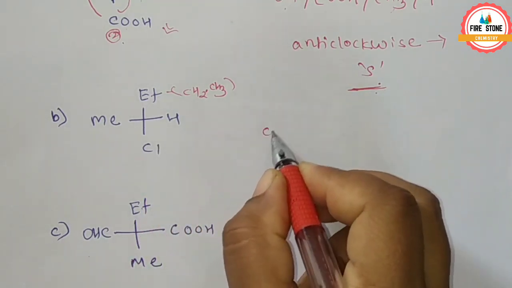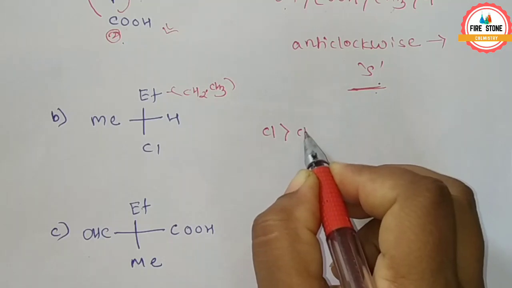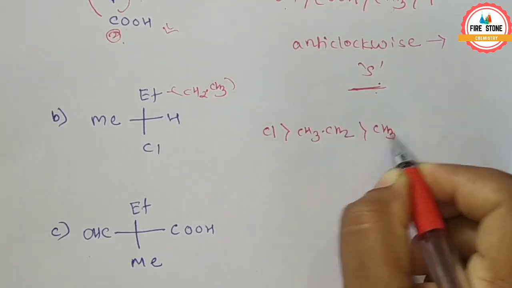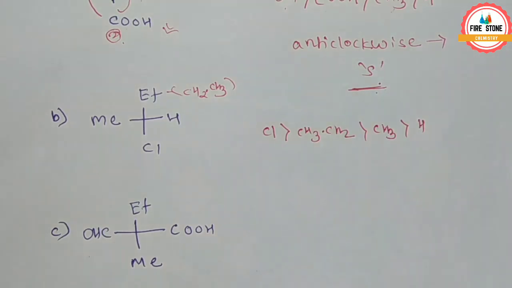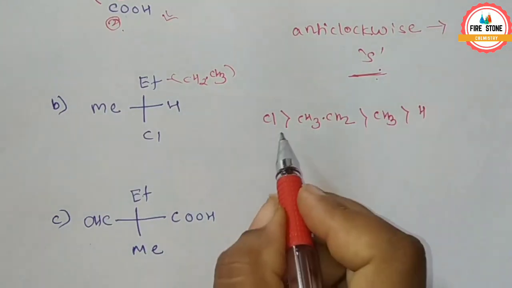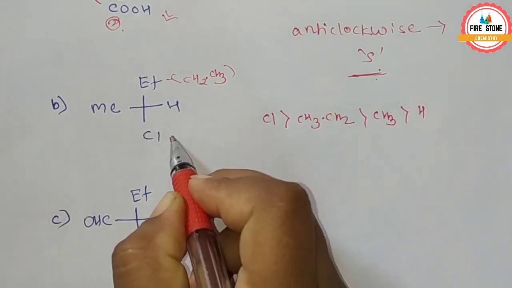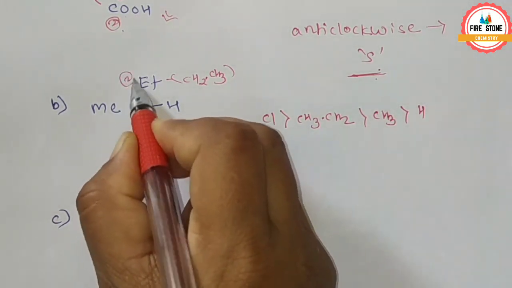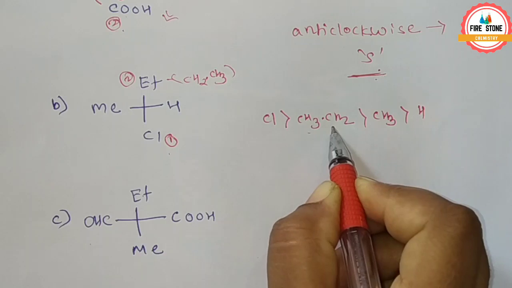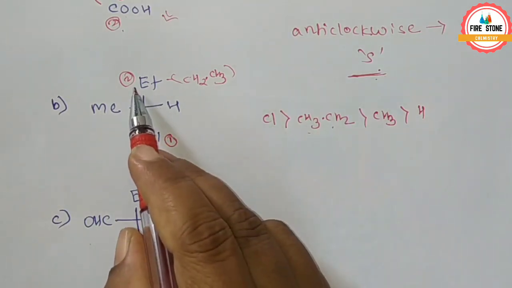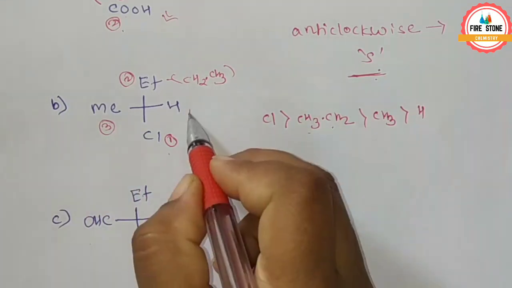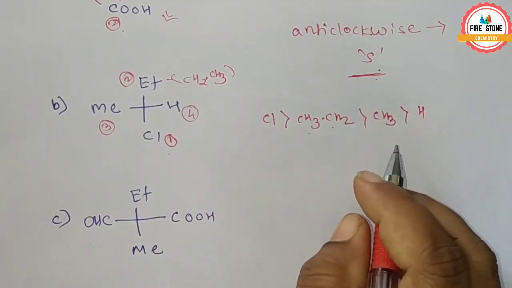Here priority is like Cl, then CH3CH2, then CH3, and then H. So here higher priority for the Cl. So Cl becomes position one, then Et, that is CH3CH2 group, which is second priority, third priority is the Me group, and fourth is the H group.